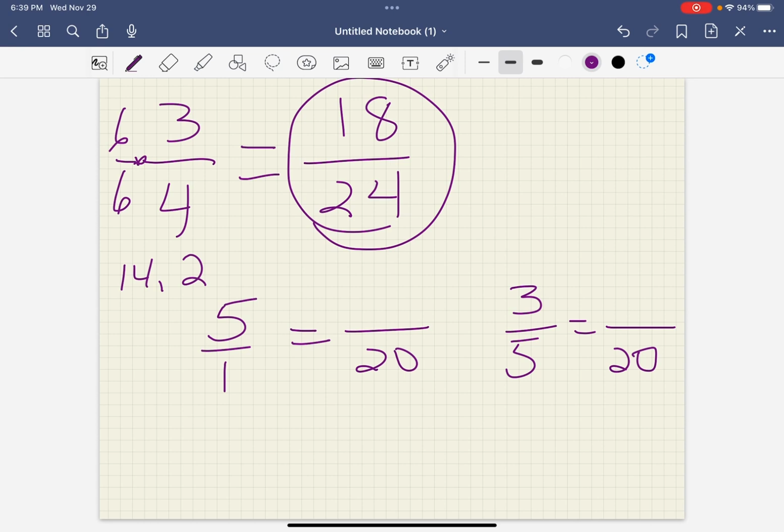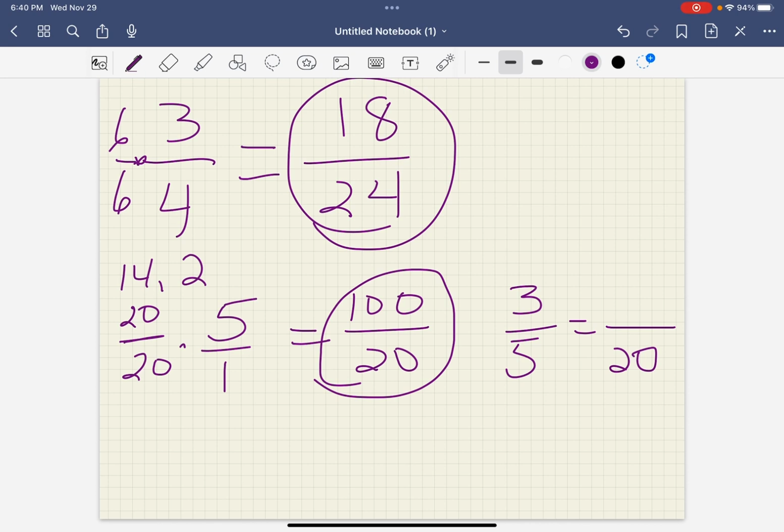And then 1 has to be multiplied by what to equal 20? Well, 1 times 20 is 20, right? So if I multiply the denominator by 20, I also have to multiply the numerator by 20. So what is 5 times 20? 5 times 2 is 10, and then add the other 0. So it's 100 over 20.